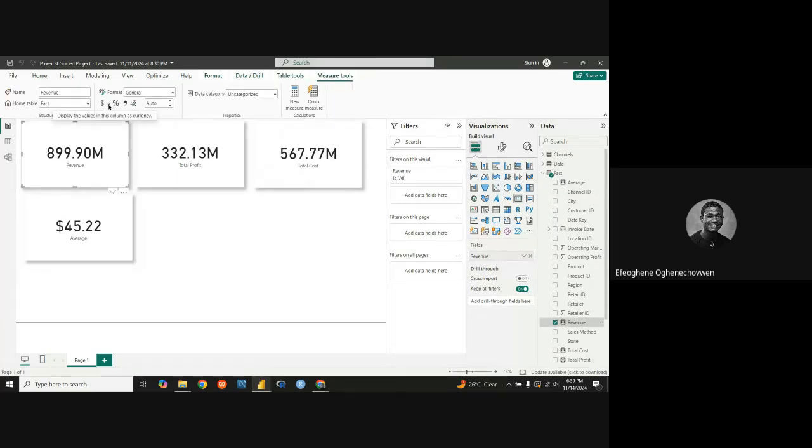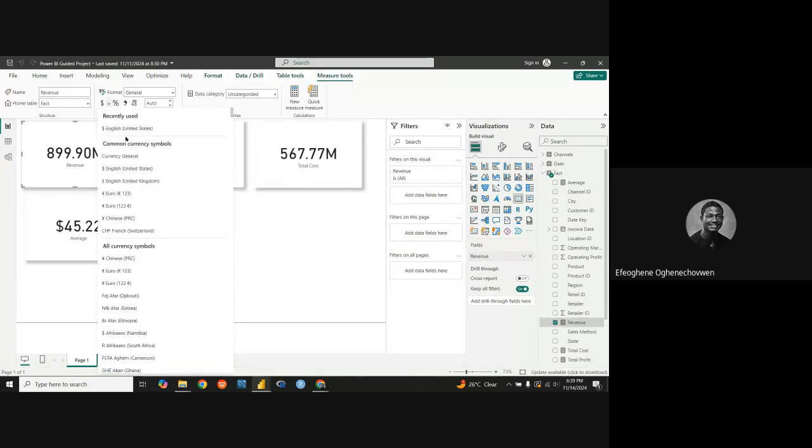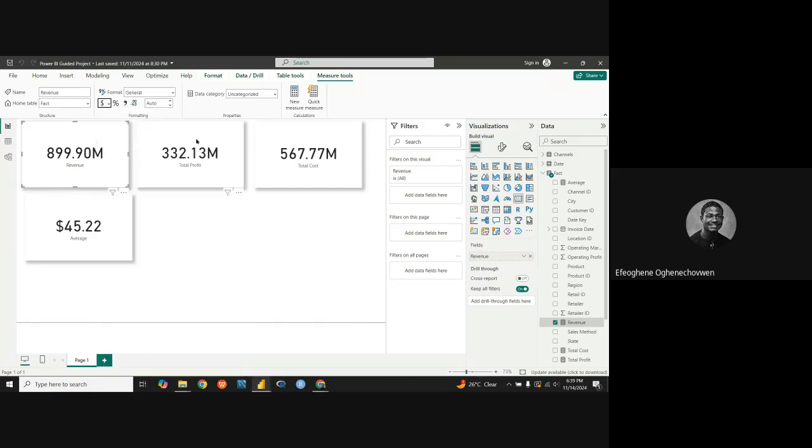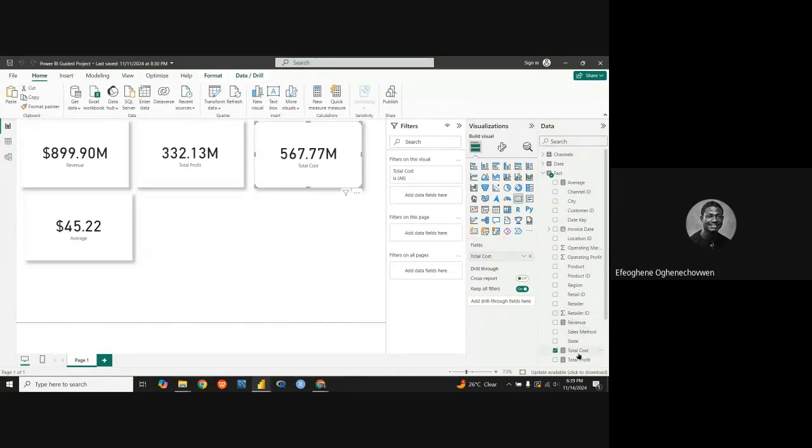So formatting is very important because I think if we're all familiar, they will mark you down in school if you arrive at your final answer and then you don't put the SI unit. 332 million what? Or 567.7 million what? So you have to put your units, these are what make your work outstanding.